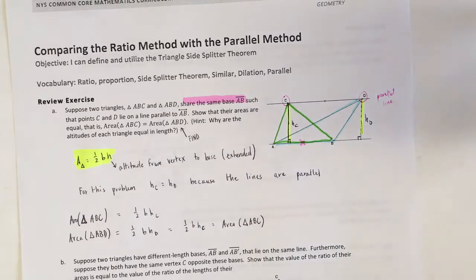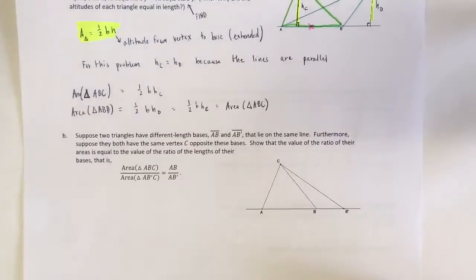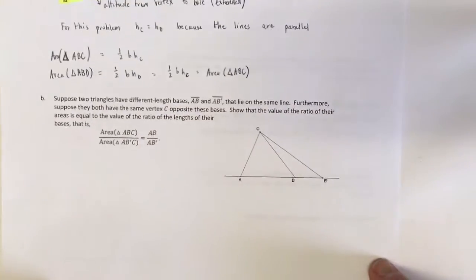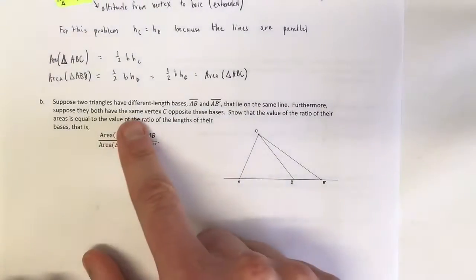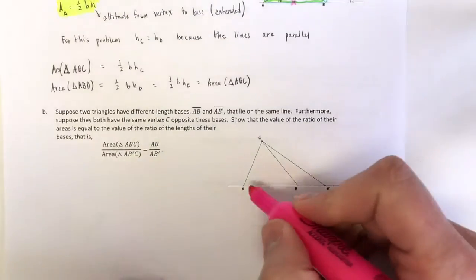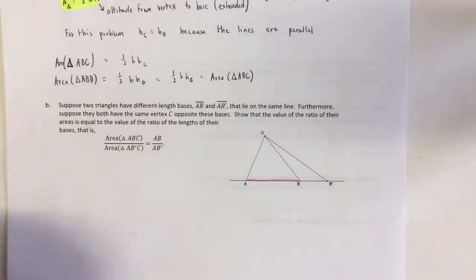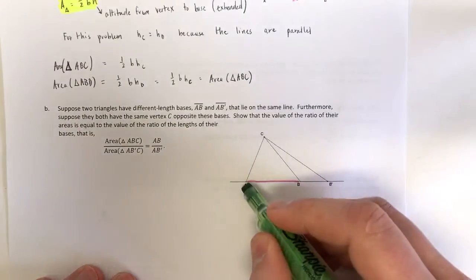And so an extension of that is as we look at ratios, and we've seen a lot of ratios in the last few videos. So suppose two triangles have different length bases. So ultimately what I'm comparing is AB with AB prime.